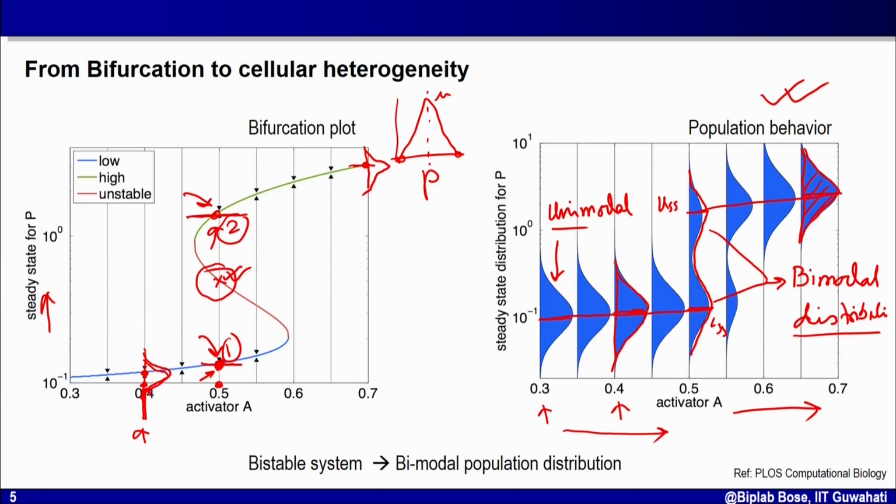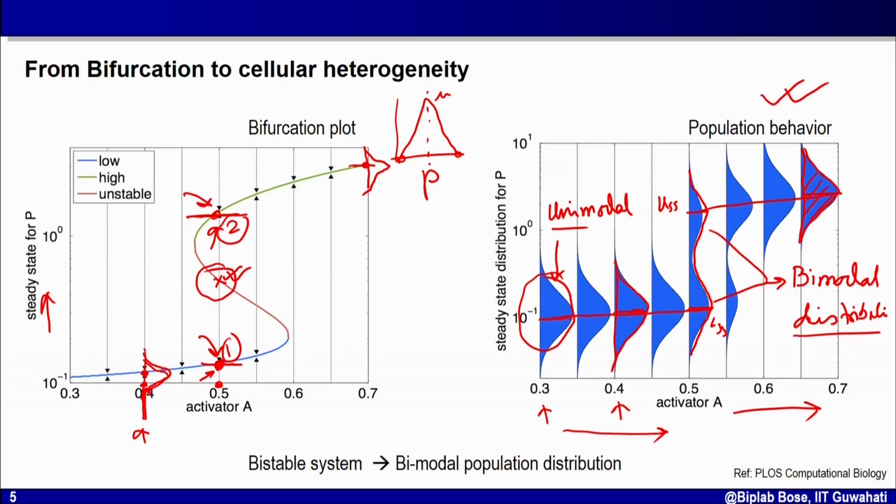So if I have bistability in the system, then if I start with a homogeneous population initially, and as I keep on changing the signal, I may get from a homogeneous population two subpopulations with a bimodal distribution. And again, if I keep on increasing the signal, again I may get a homogeneous population with higher expression.